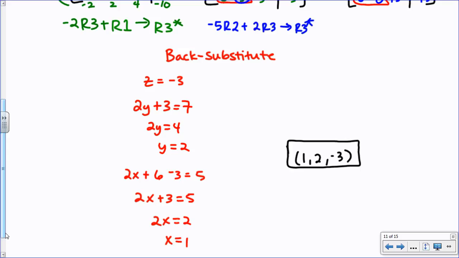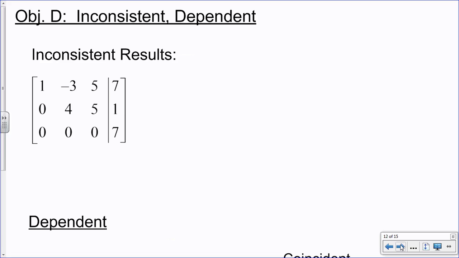Okay. So we need to talk about special cases because we have 3 variables. Sometimes if all your variables cancel, you'll get no solution. Sometimes you'll get infinitely many solutions. If it's no solution, it's going to look like this: you're going to get 0, 0, 0, 0, and then a number.